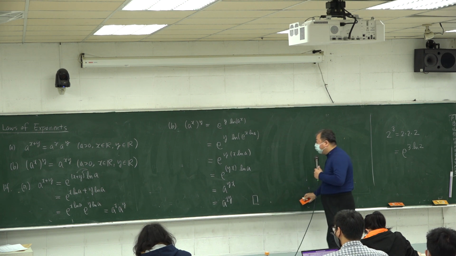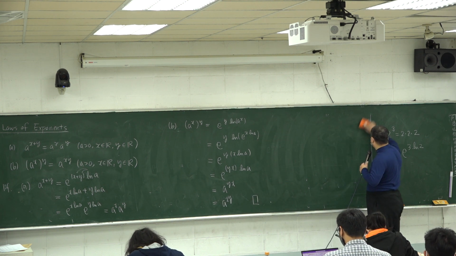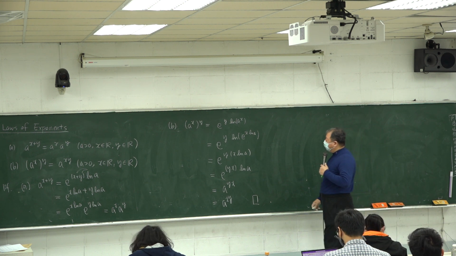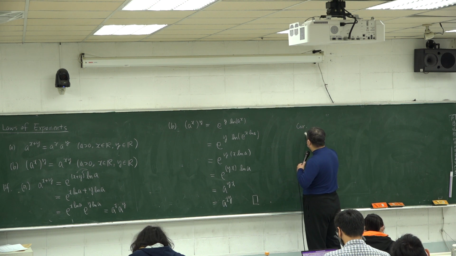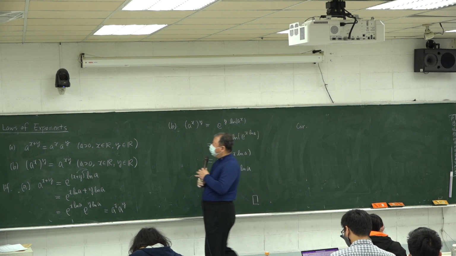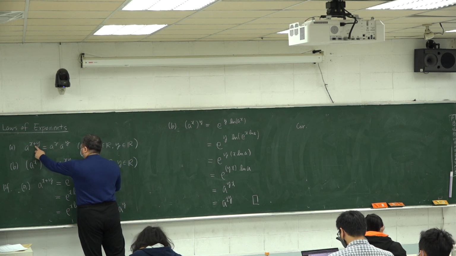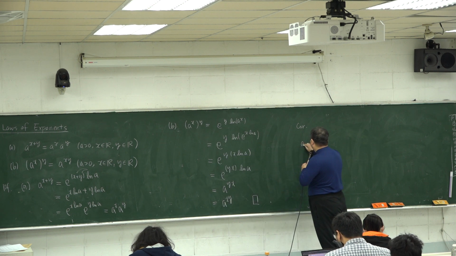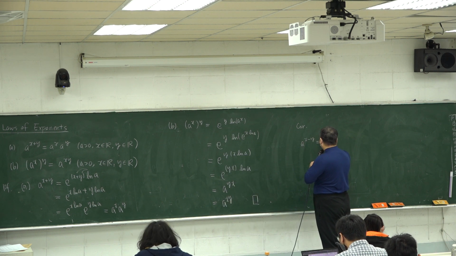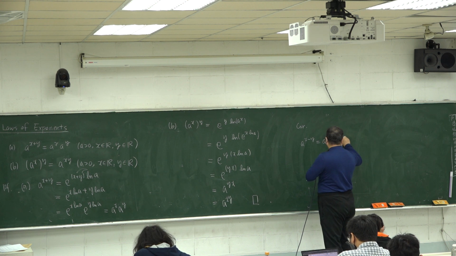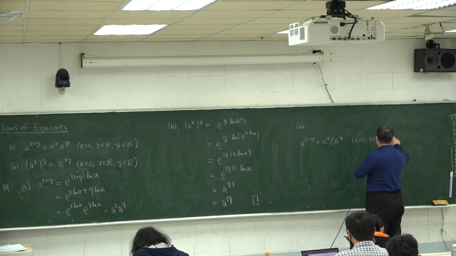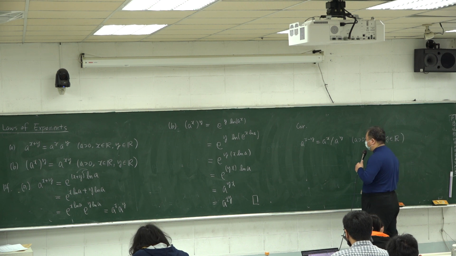Very good. Of course, once A is true, then a to the x minus y equals a to the x over a to the y. Whenever a is positive, x and y can be arbitrary real numbers.